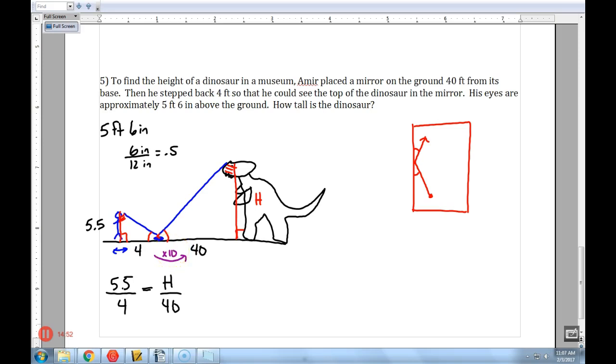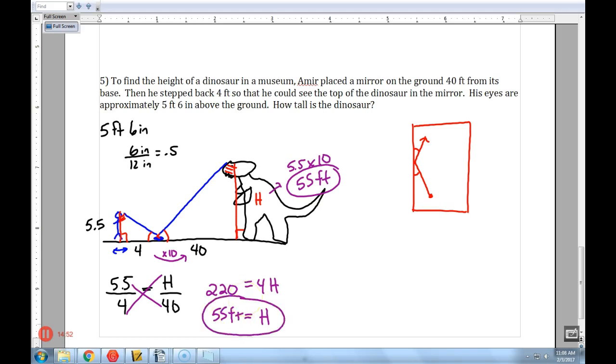So the dinosaur's height should be exactly 10 times the height of the kid, which would put him at 55 feet. It should work the same if you do this: you'll get 220 equals 4h, divide both sides by 4, and you will also get 55 feet if you use the proportion method.